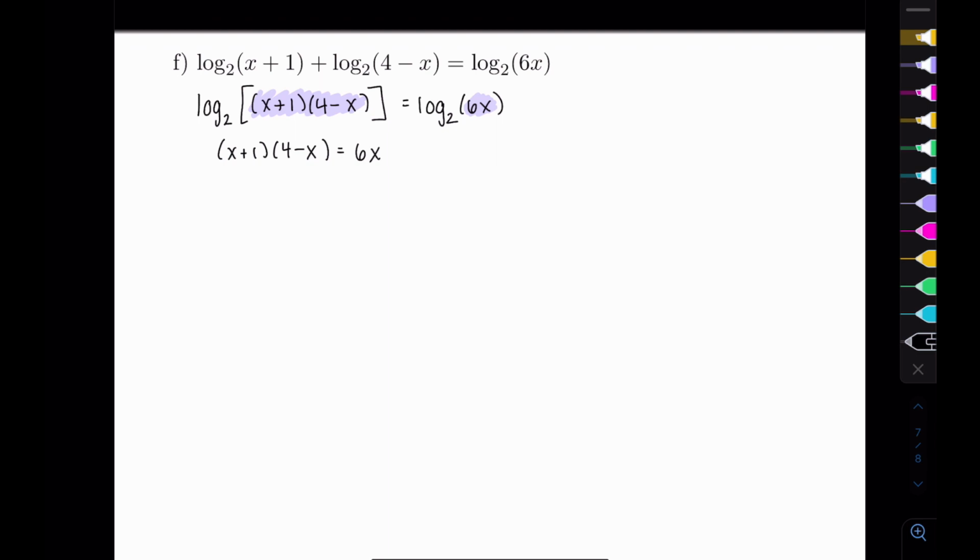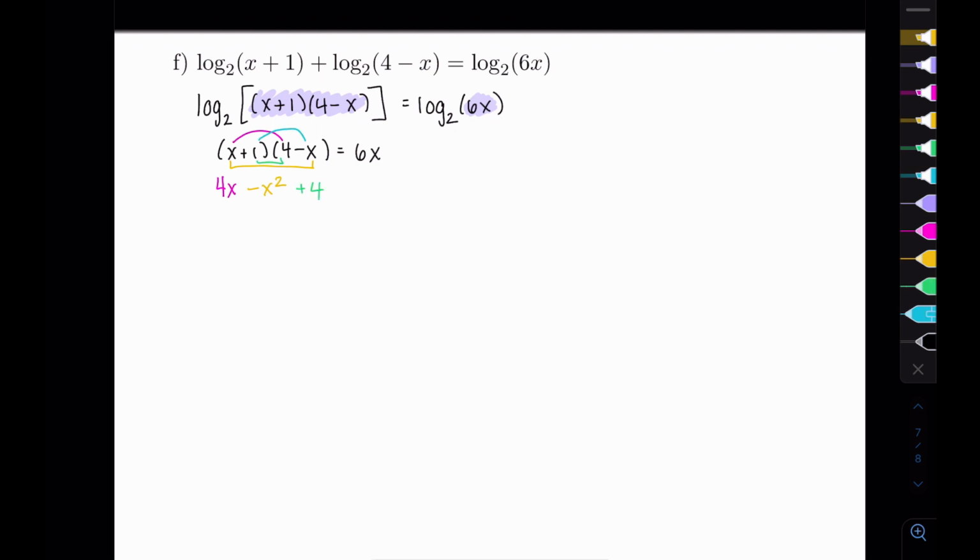To factor this fully, remember we need 0 on one side. So unfortunately, we are going to have to FOIL this expression out. If we do the first terms, we get 4x. The outer is negative x squared. The inner is plus 4.